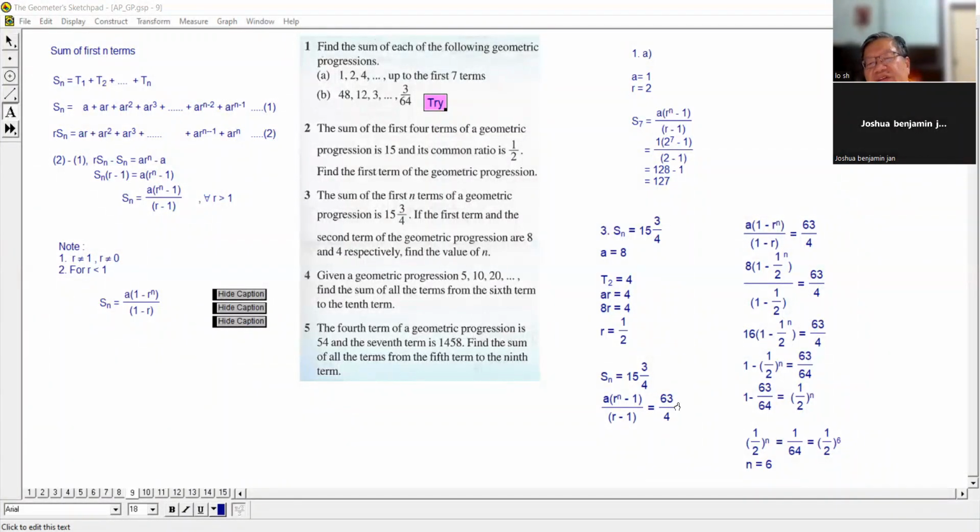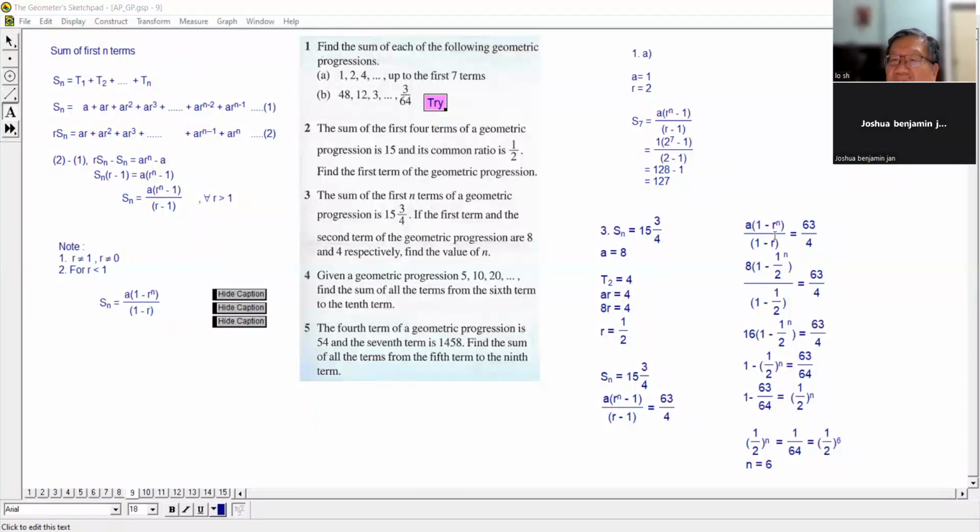Improper fraction is 63 over 4. I cannot use the formula with R to the power n minus 1 over R minus 1, because the value of R is half. Half is less than 1, so I cannot use this formula.